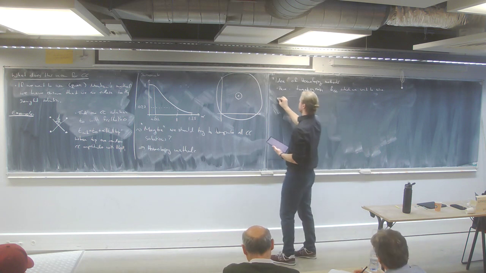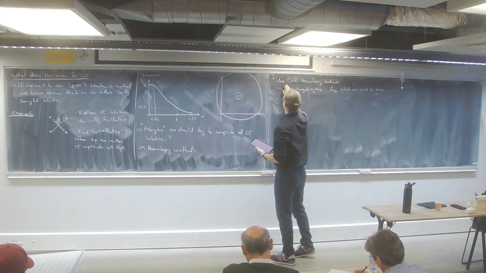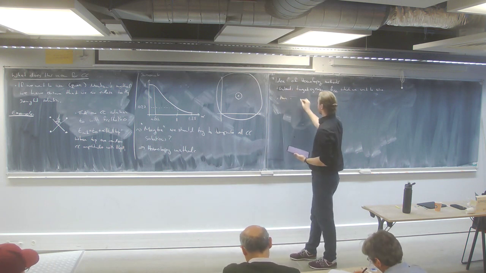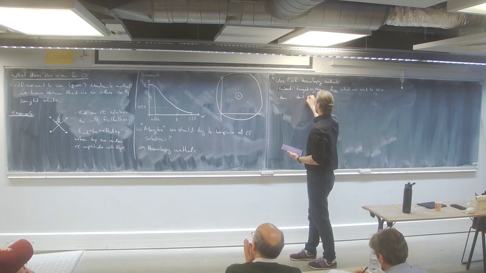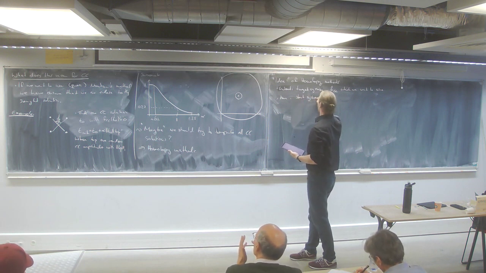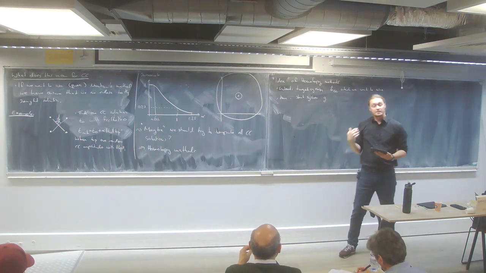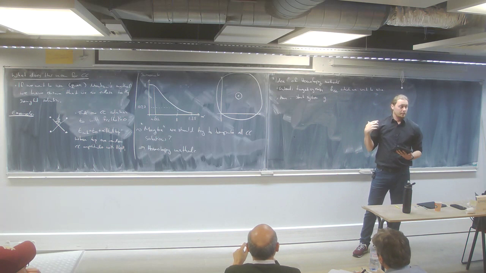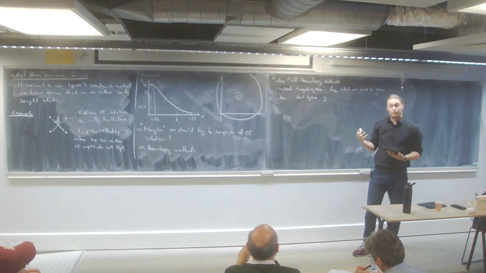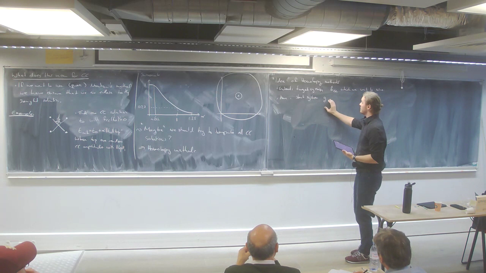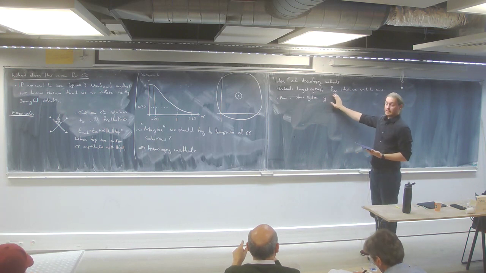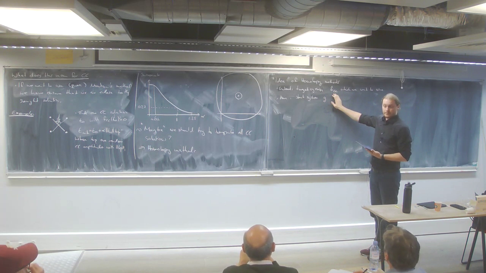And we have a start system, which we often call G. G has to fulfill certain properties. Most importantly, G has to have at least as many solutions as our target system, ideally slightly more.